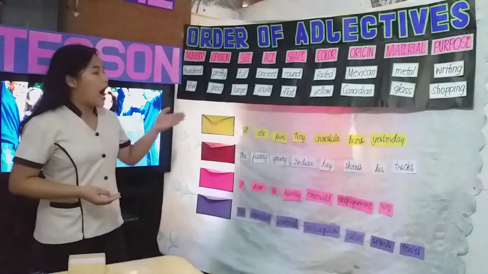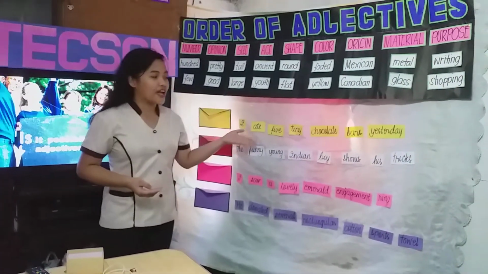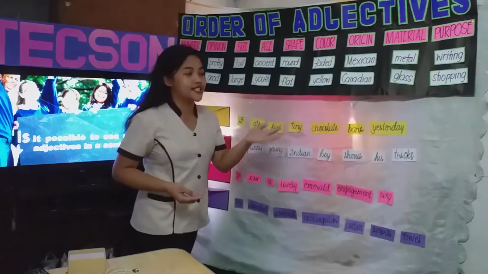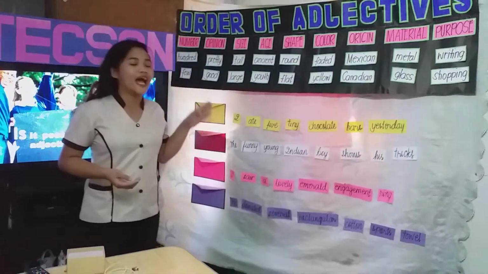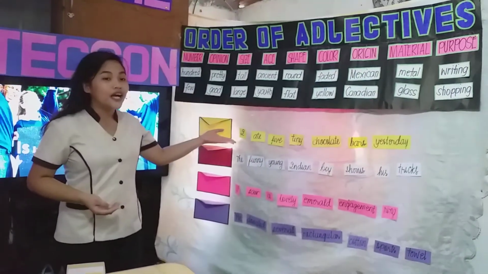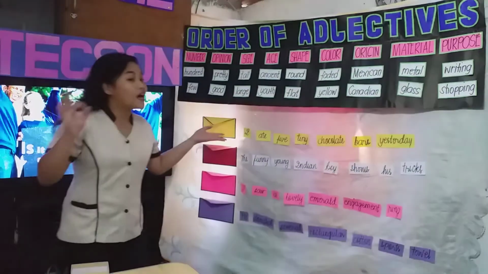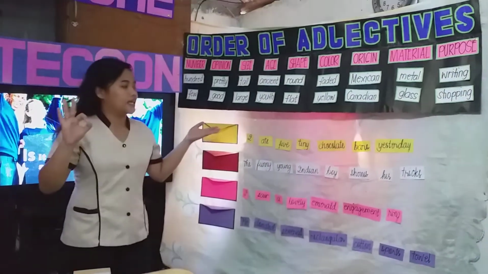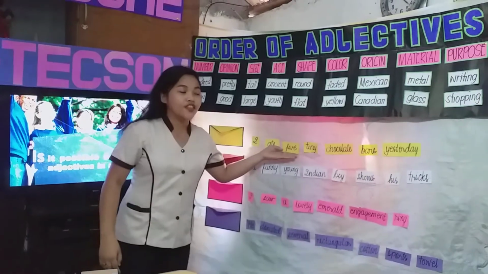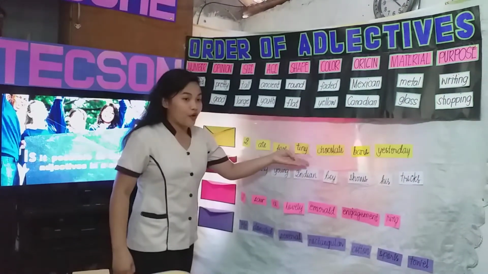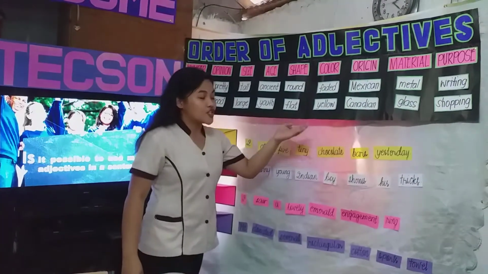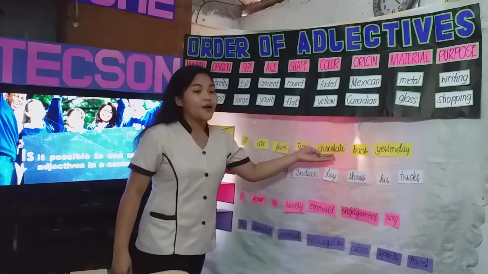Group 1. I ate 5 tiny chocolate bars yesterday. So how many adjectives do we have here? Yes, very good. We have 3 adjectives, namely 5 for number, tiny for size, chocolate for material.